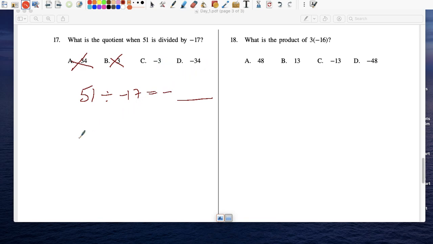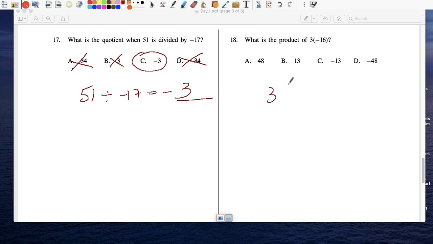Well, if you had $51 and 17 friends, would each of them get $3 or $34? I'm going to say this one here. Use your calculator though. Okay. But again, what's the product of 3 times negative 17?